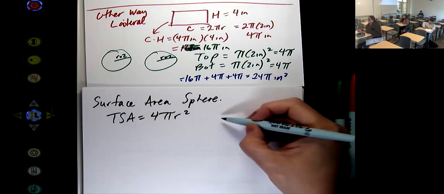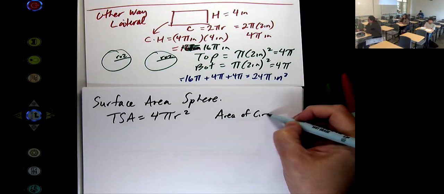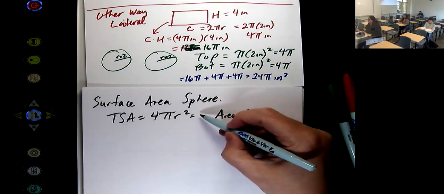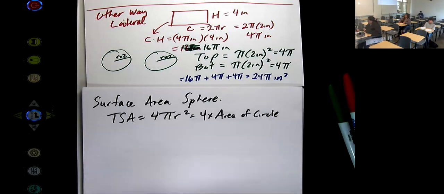So it's like the area of a circle times 4. It's crazy.